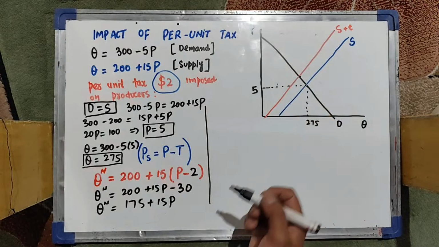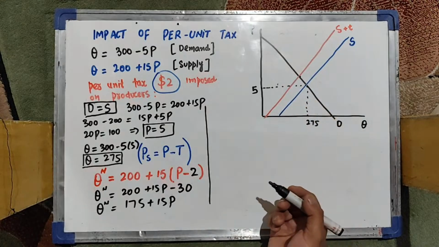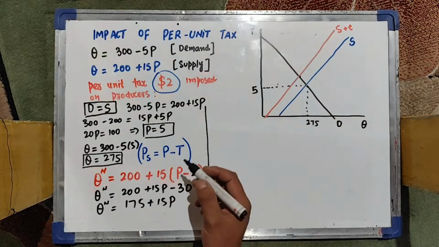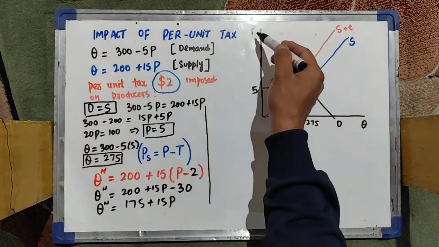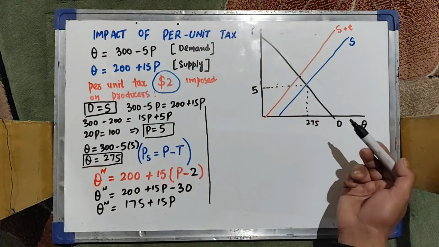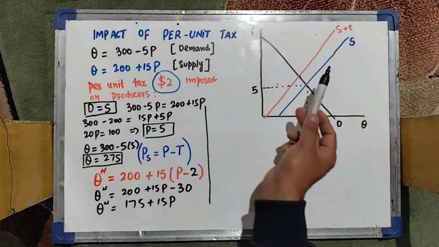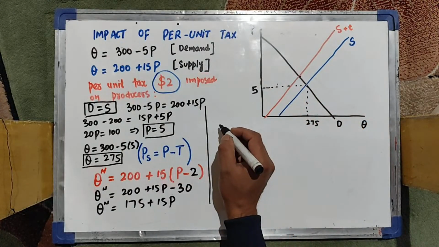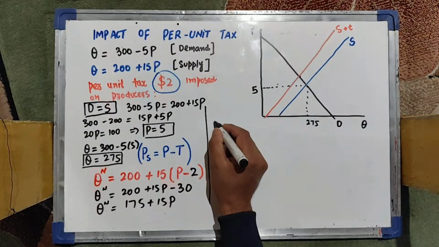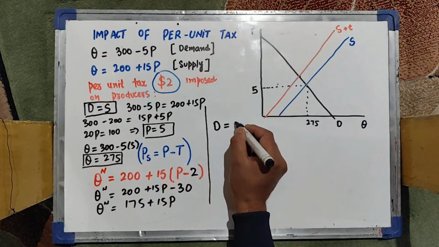So what will be the new price and quantity at this point? Because the demand curve has not changed, we equate the demand function with the new supply function.